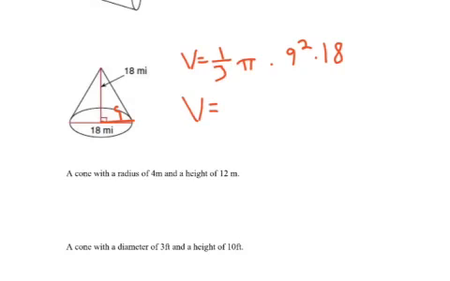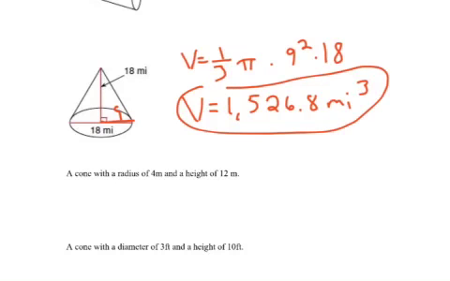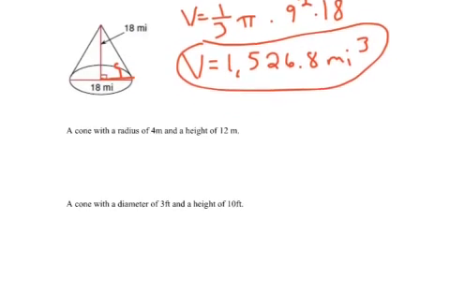If you multiply that all out in your calculator correctly, you would have roughly 1,526.8 cubic miles. Like I said before, if you did not get this as your answer, you're just doing something wrong in your calculator, please raise your hand and see your teacher for help.